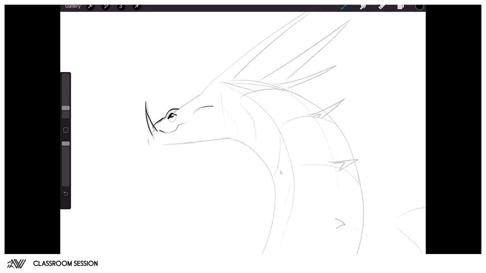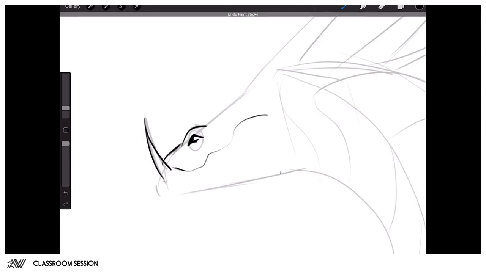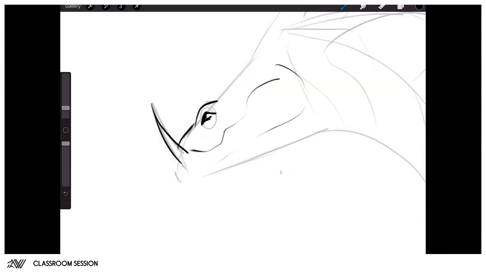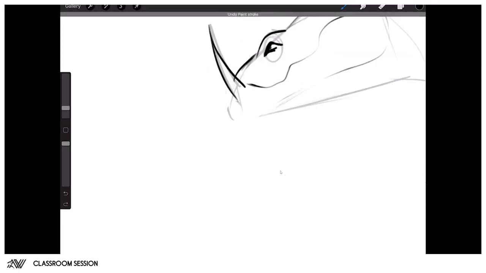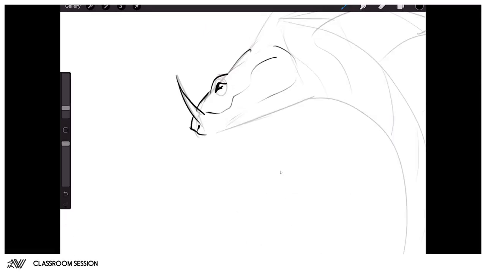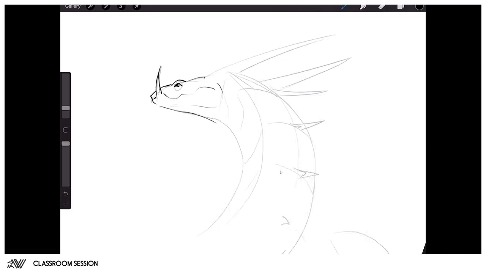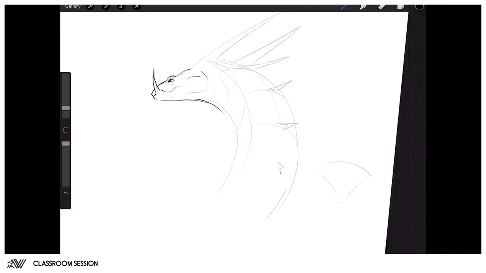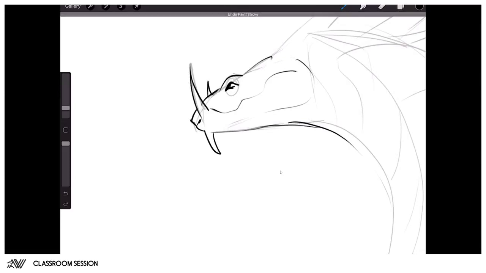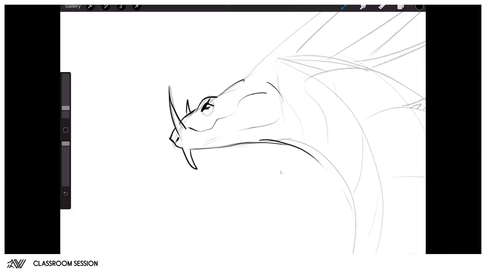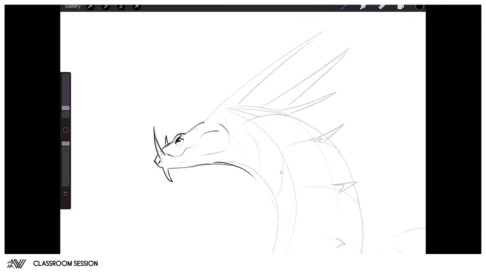I can still add like my crocodile sort of simple, or more complex shape that I've been studying, but change the proportions a little bit. Maybe he has like a chin horn going on as well. Right, something like this.